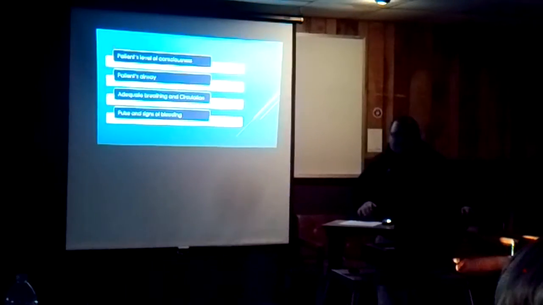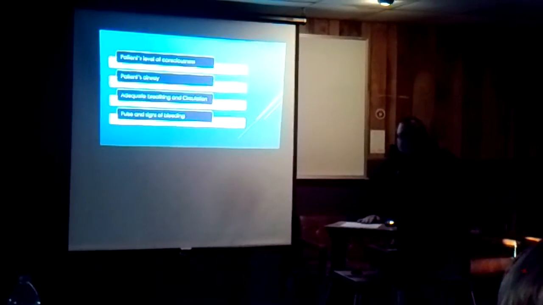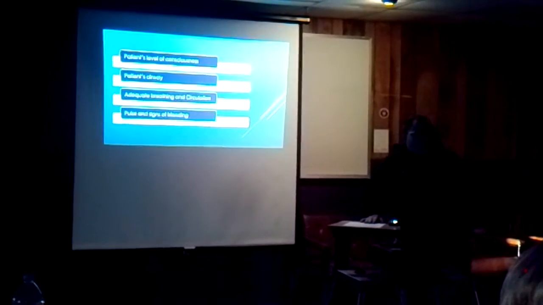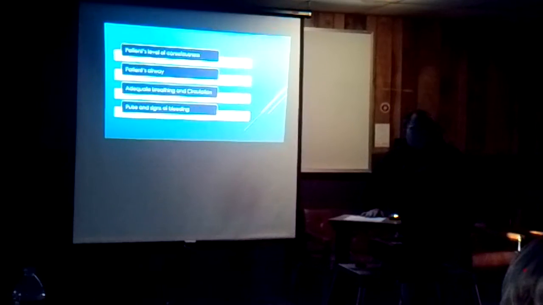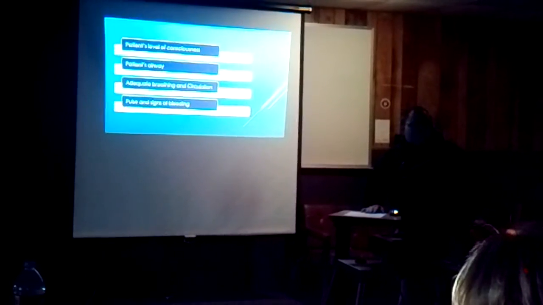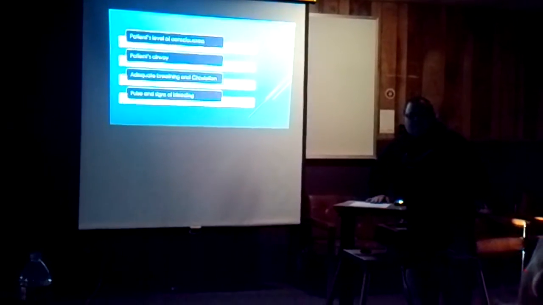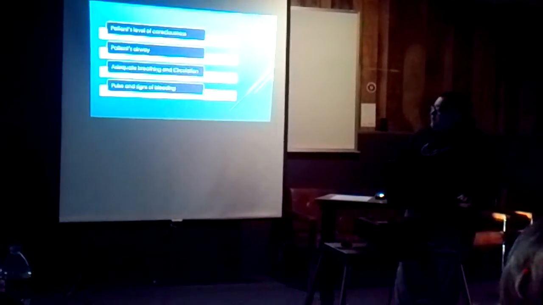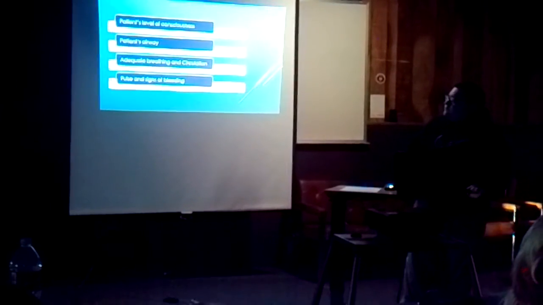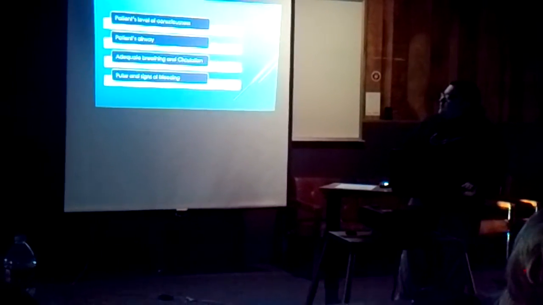We always want to assess the patient's level of consciousness. When we do a patient care report, we always put alert and oriented times 4, 3, 2, or 1. What that means is times 4 is person, place, event, and time.